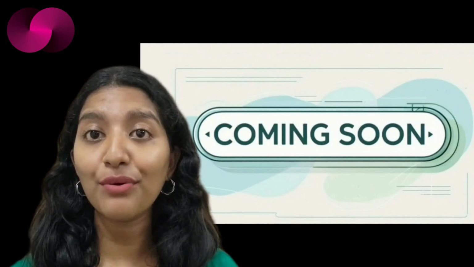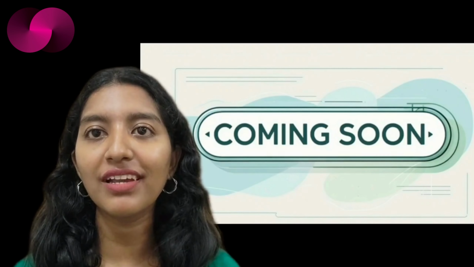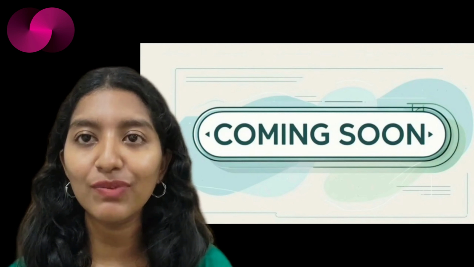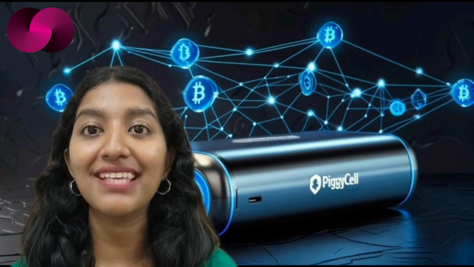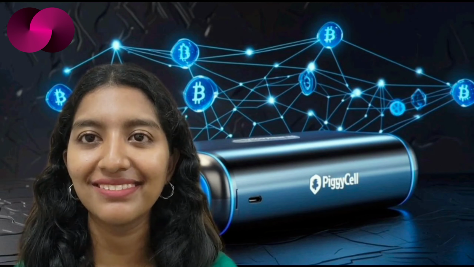Piggycell's entry into this space is a sign that more consumer-facing infrastructure is starting to intersect with blockchain finance in a real way. Of course, it's early days and both Saros and Piggycell are still working out the details on how users will benefit. But both companies have hinted at new earning mechanisms and growth opportunities on Solana's network. We'll be keeping an eye out for updates as this partnership evolves.